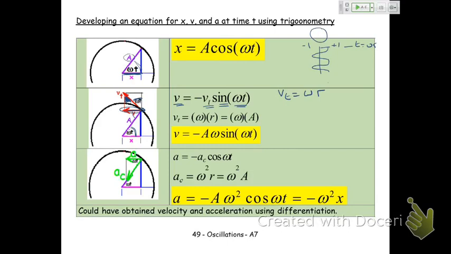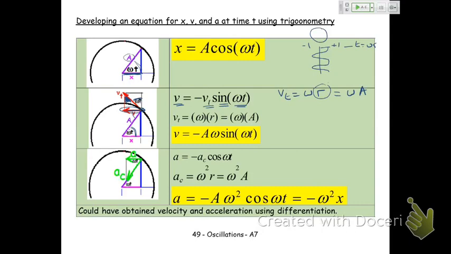And I know in this case that my r is always the size of my maximum displacement, which is my amplitude. So this equals omega A, substitute in. So I go minus A omega sine omega t. I've got an expression now for the instantaneous velocity of that point.